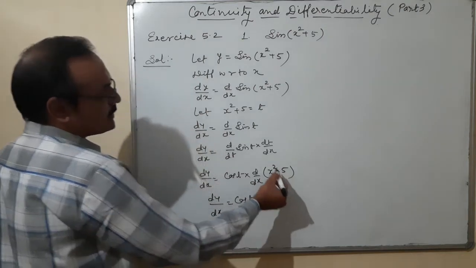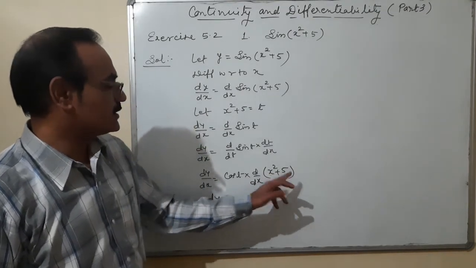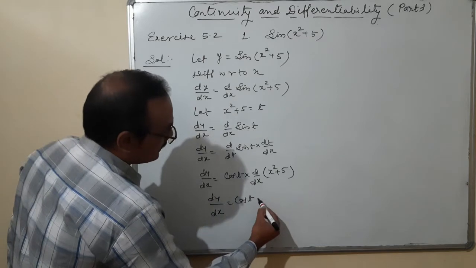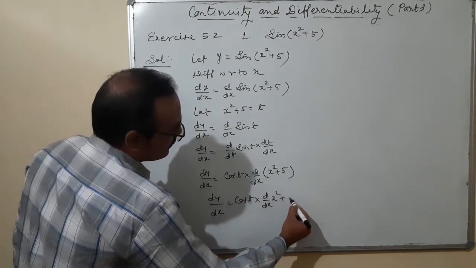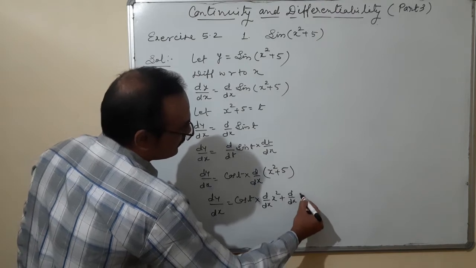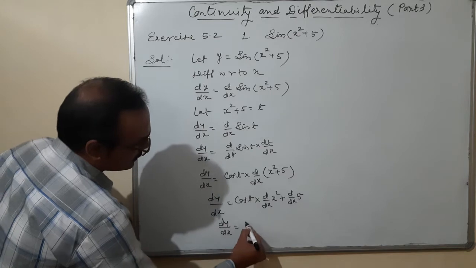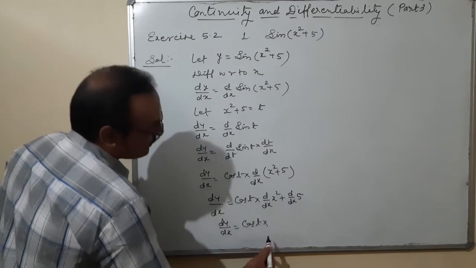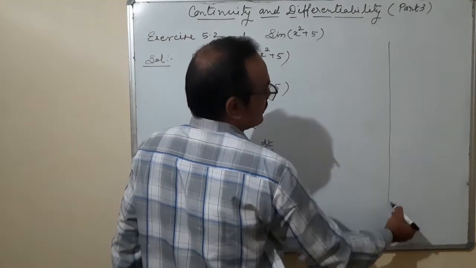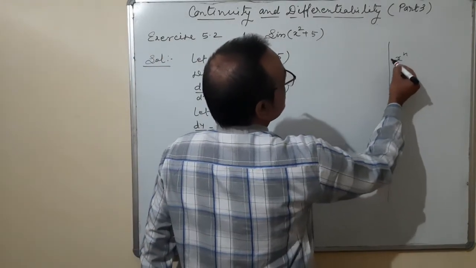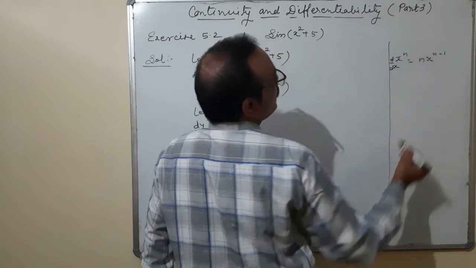Dy by dx is equal to cos t. Now differentiation of these two terms. The two terms are separate, so differentiation of x square plus differentiation of 5. So I write here dy by dx of x square plus dy by dx of 5. Differentiation of x square: the basic formula of differentiation is that differentiation of x to the power n is equal to nx to the power n minus 1.